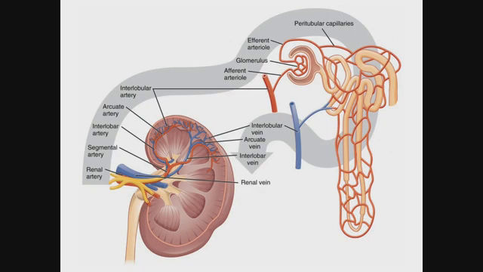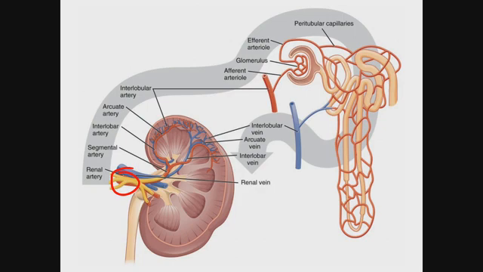First of all, this red vessel here is the renal artery. We mostly say it's red because it's oxygenated.